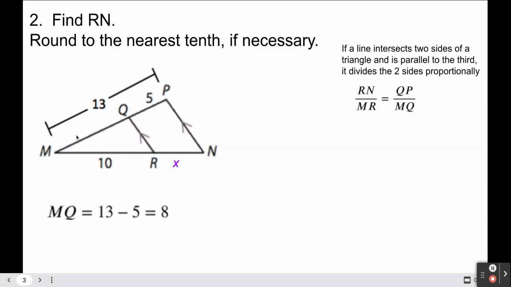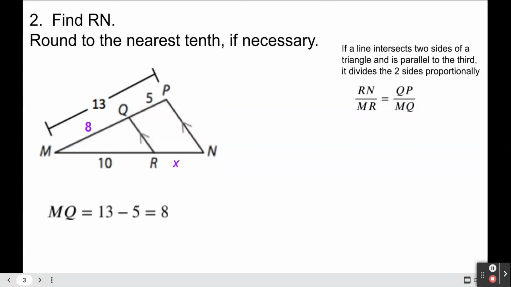But notice we need this piece here to do the other side of the triangle. So take 13. If we know the full measure is 13, if I take away this piece 5 that we know, that will give us the remaining leftover part of the side of the triangle. So 13 minus 5 gives us 8 for that piece.